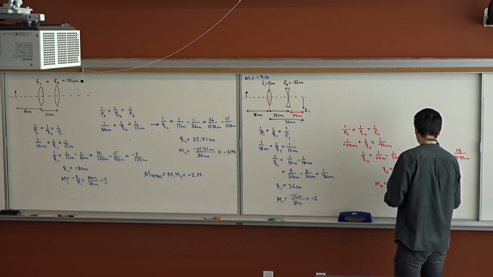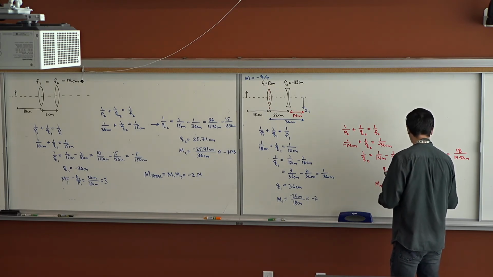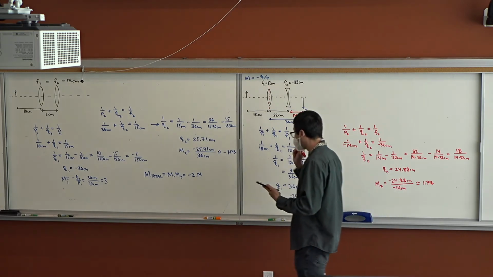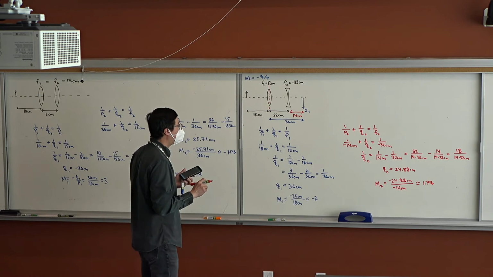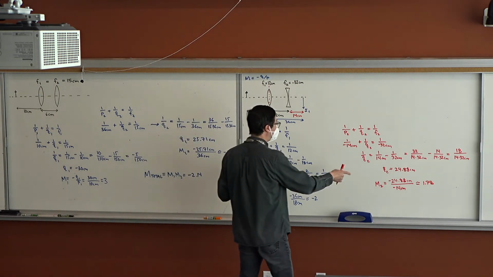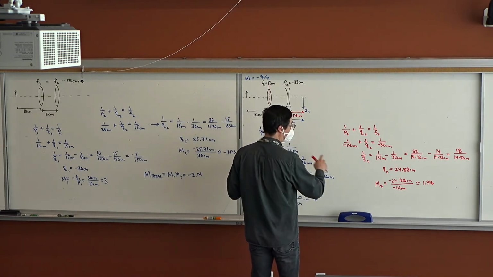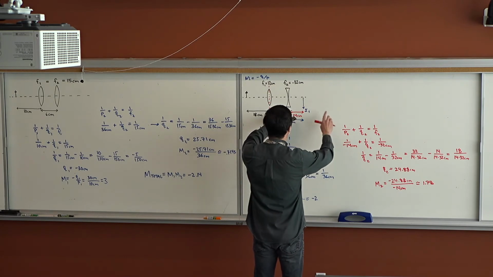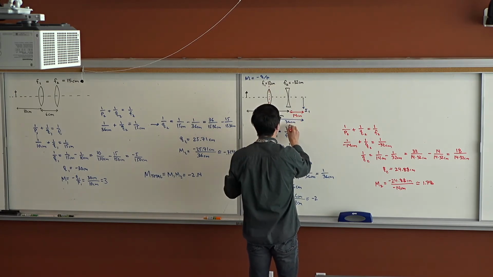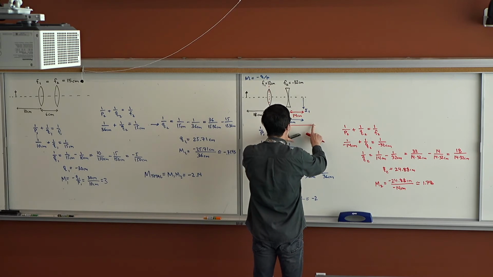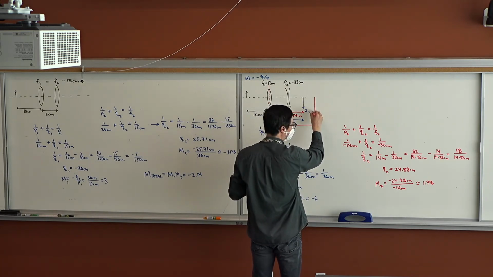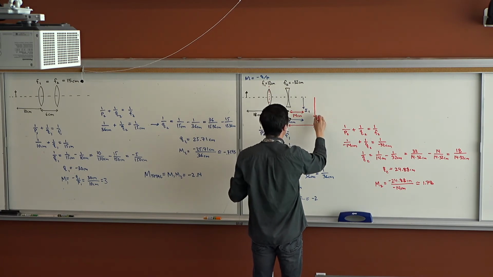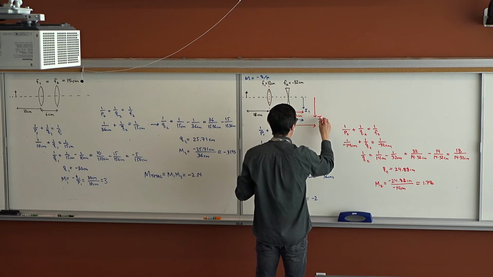Makes that about 1.77, 1.78. And so the overall image is 24.88 centimeters, and it's a little less than twice as big. So this is I2.